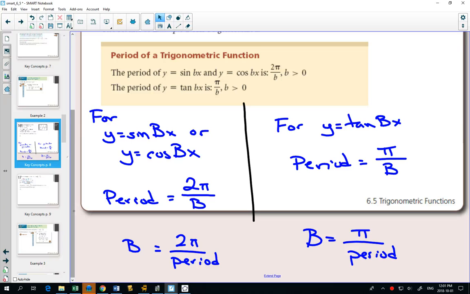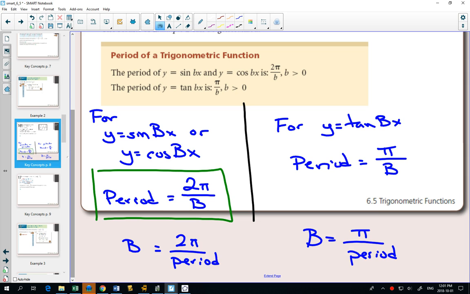But for tangent, since your period starts at pi, that horizontal compression will mean that your period becomes pi over b.